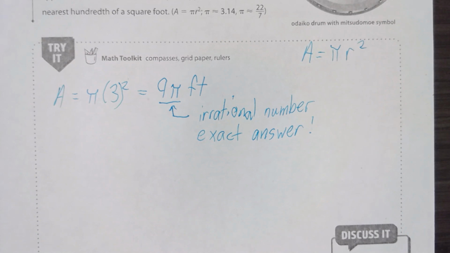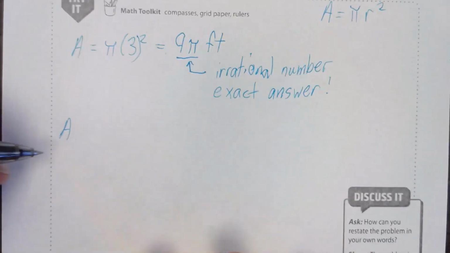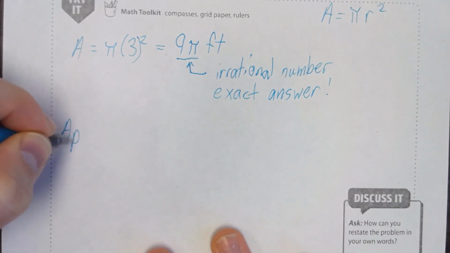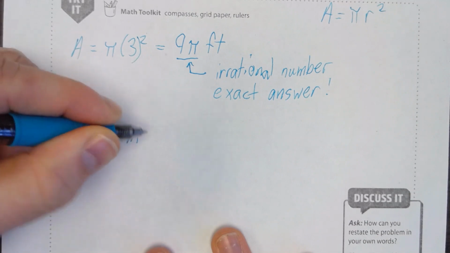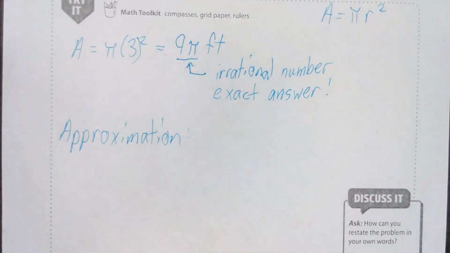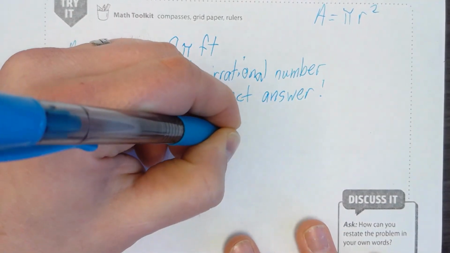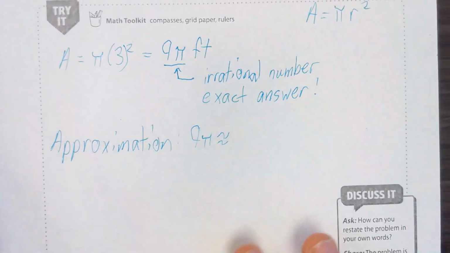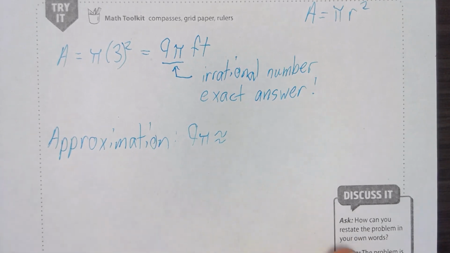But it is sometimes useful to have an approximation. So let's write approximation here. An approximation of 9 pi would be about, well, 9 times 3, it's going to be 27 something, right?